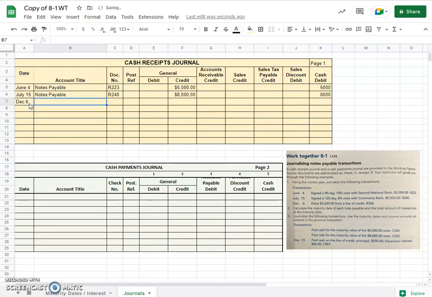This one says we drew $5,600 from a line of credit, receipt number 368. So this time, instead of a notes payable, it's a line of credit. And receipt 368. And the proceeds on that were $5,600 is what we're taking out. There we go. That is part one.